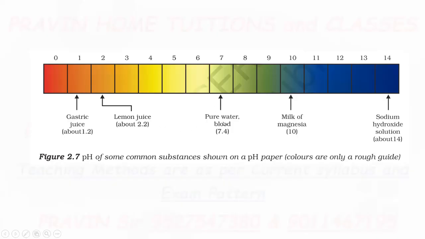Pure water and blood pH value is 7 or 7.4. Milk of magnesia pH value 10, and sodium hydroxide pH value 14. Here the colors are just a guide. So pure water or blood has pH value 7 or slightly more than 7. So pure water and blood are neutral in nature.